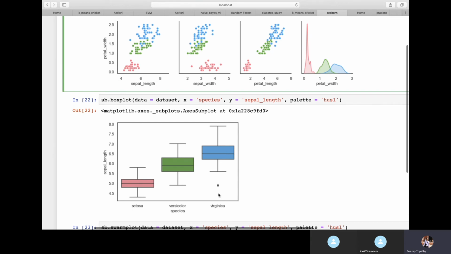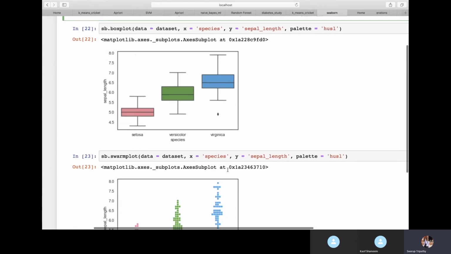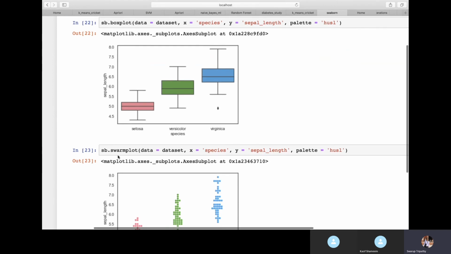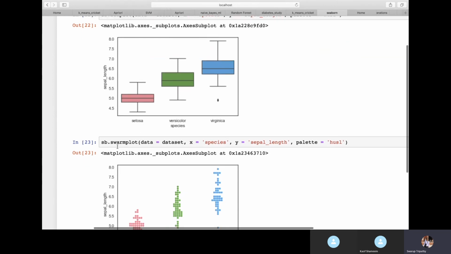Here we can see one data point that is outside the actual range of values, very far from it. But within the box we cannot actually see the data. So they created one more plot, which is a manipulation of the box plot, called the swarm plot.